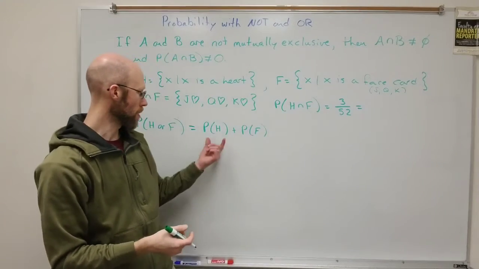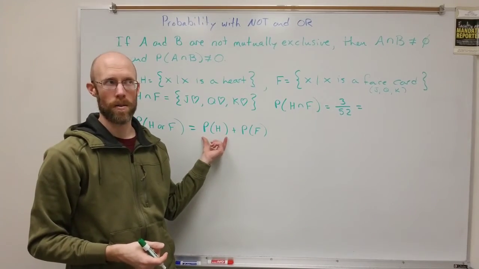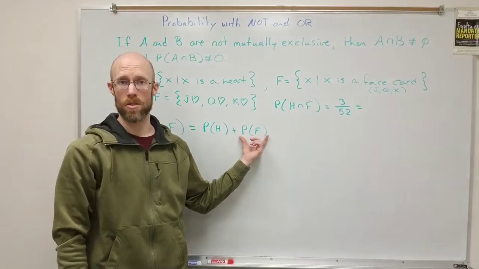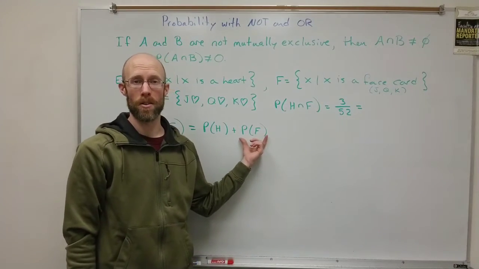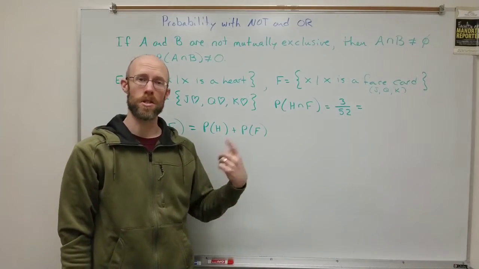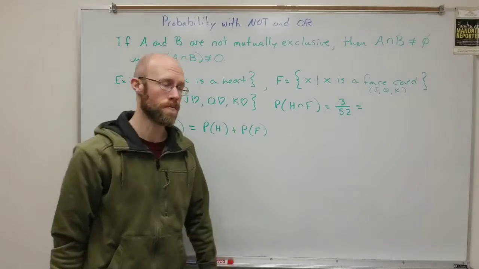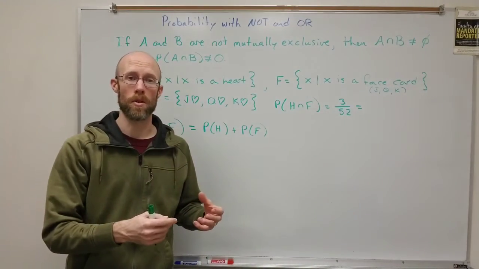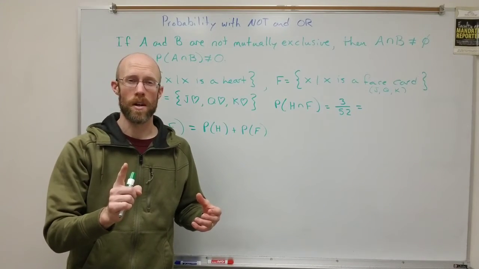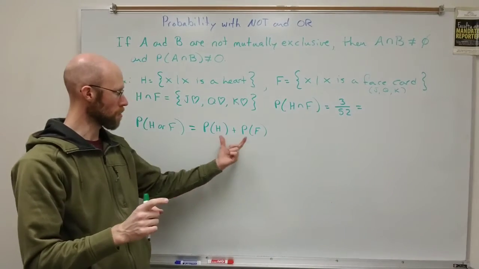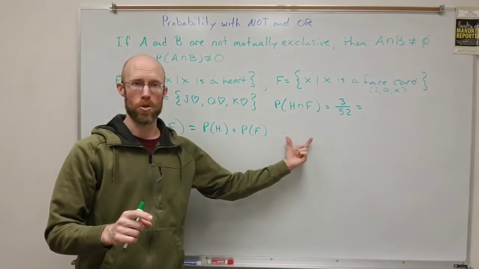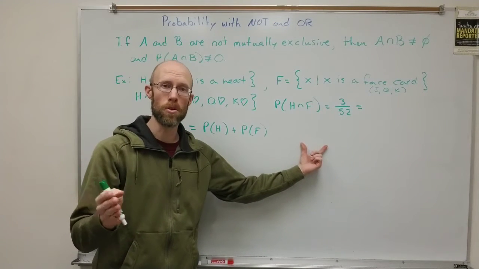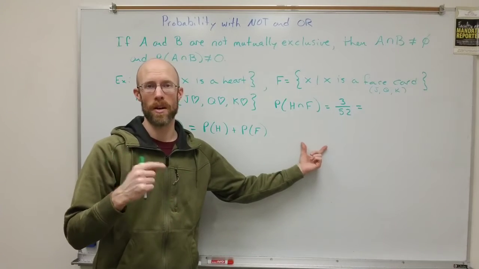So if you add up all the hearts, well, there's 13 of them. If you add up all the face cards, there's 12 of them. But there are 3 that are in both of those sets, so you're double counting those 3 cards. And so what we want to do is we don't want to double count them, we only want to account for them once. And so if I'm double counting them here, if I subtract one copy of the intersection, that will remove that second copy and you'll only be counting them once.